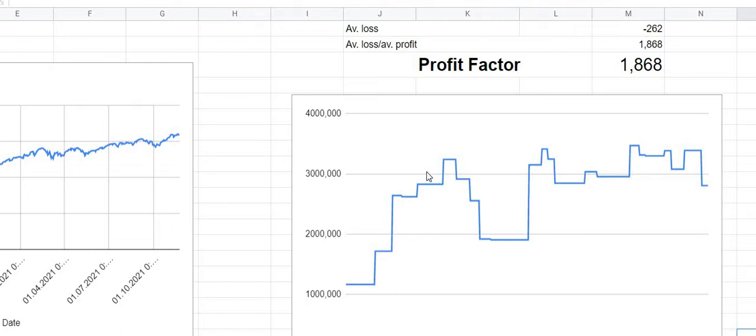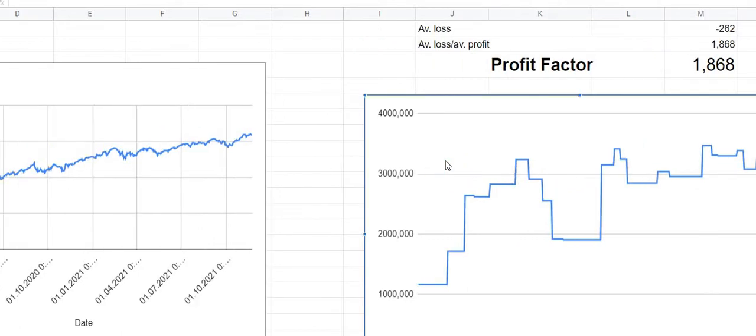We can also see that in the period of September of last year, the trading system had not so good performance, because the maximum result was $3,237, but after that there was a strong drawdown, and the total performance was just 1,920.